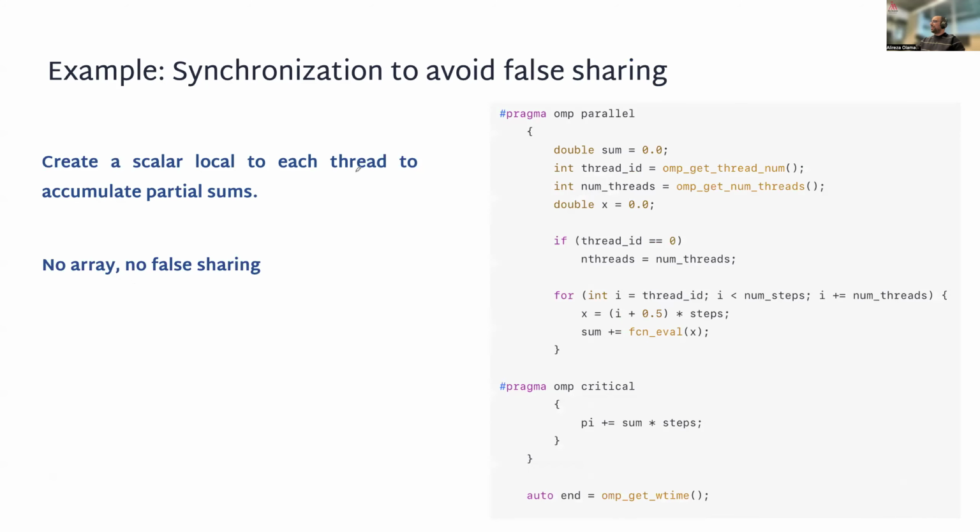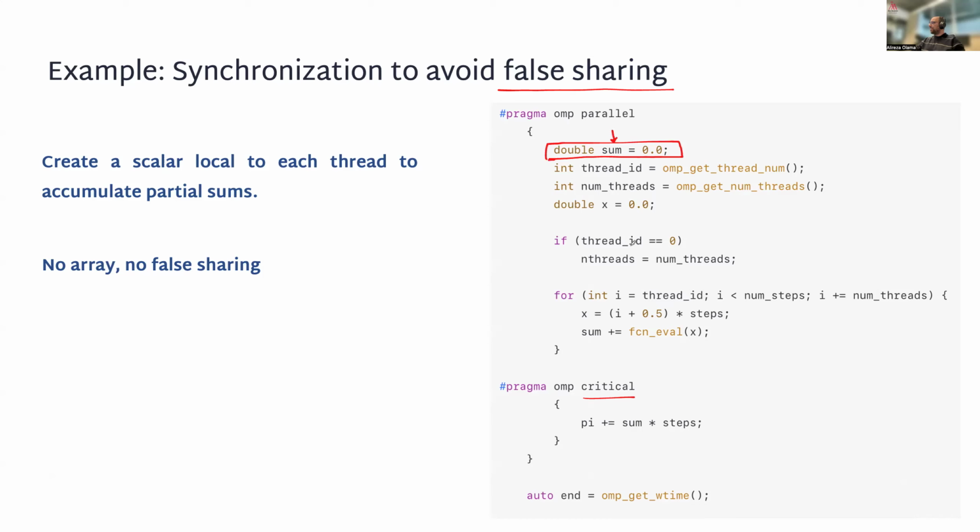All right, so let's see how we can avoid false sharing that we had in the previous problem using this critical synchronization, right? So what we can do is the following. We don't use that array for computing the partial sum. So we completely remove that part. So we don't use an array even with the pad version. So we just define a double for the sum.